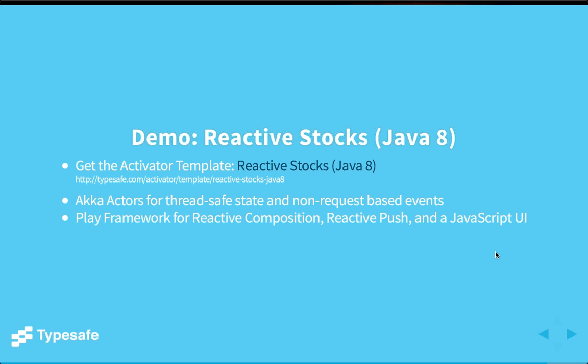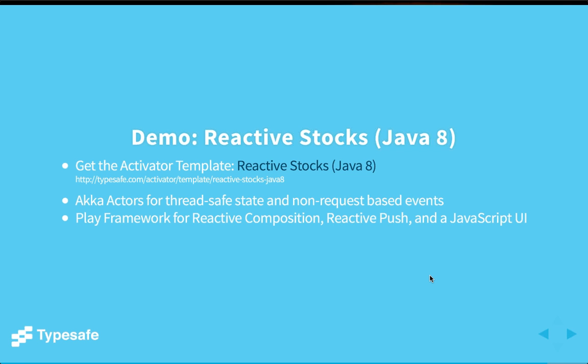It uses Akka actors to model the stateful part, or the session part of the app, where you have a connection from a client through a WebSocket. And it uses the Play framework for reactive composition, push, and JavaScript UI.